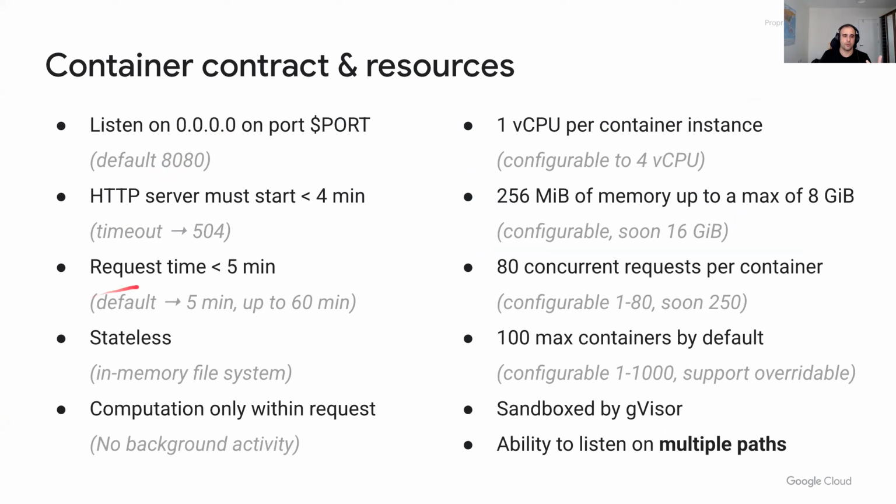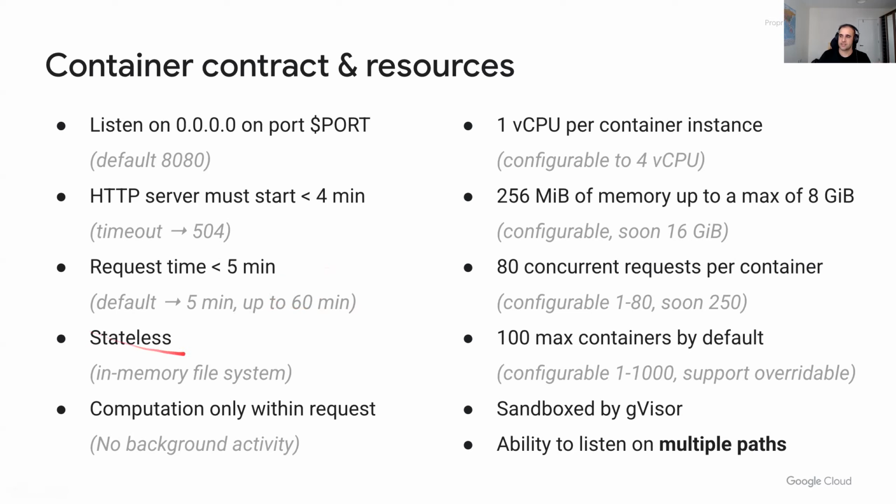It has to respond within 5 minutes by default. And you can change this to 60 minutes, meaning when a request comes in, your container has to respond back within 60 minutes, within 1 hour. So that means you can now do a little bit of batch processing that lasts up to 1 hour, but it has to be done within an hour.